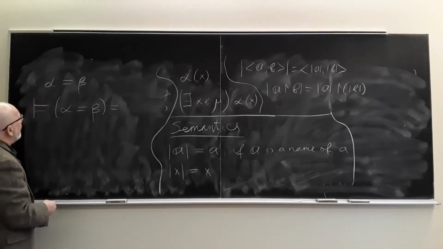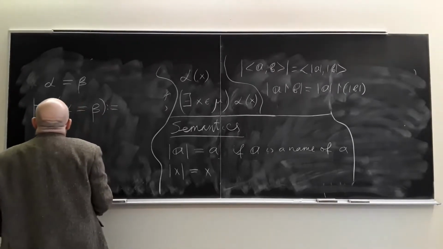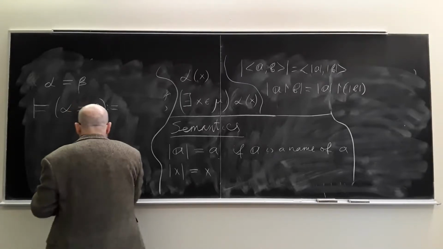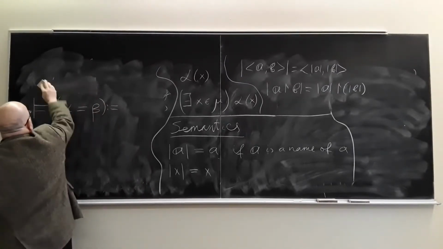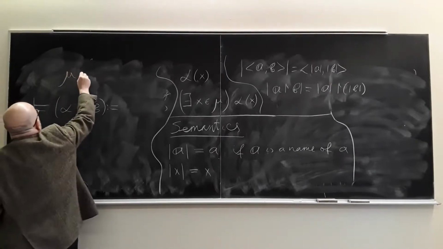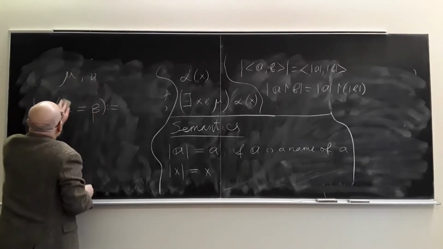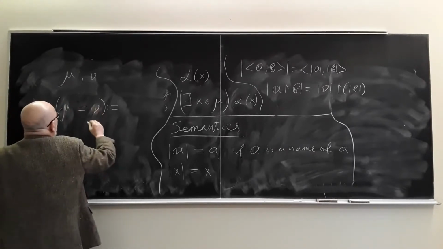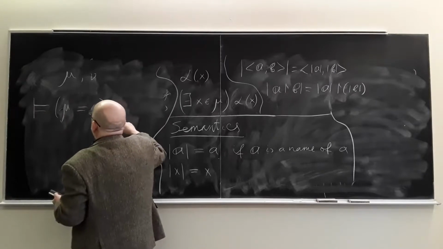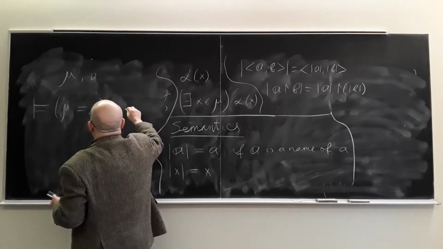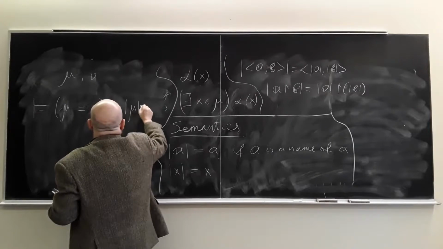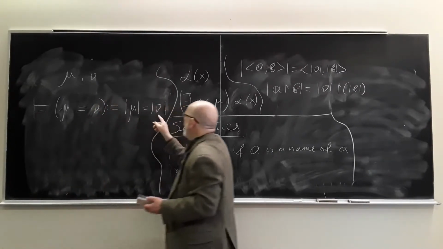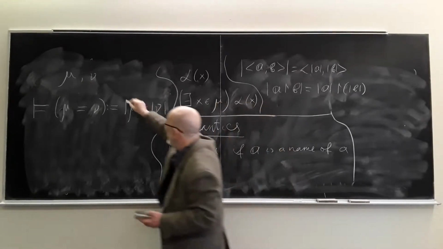This meaning is defined as, I'm sorry, it is terms mu and nu. The meaning of mu equals nu is the same, and it is the meaning of the following statement: the value of mu equals the value of nu.